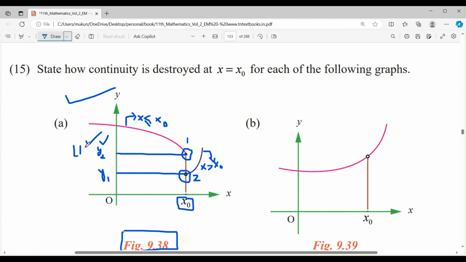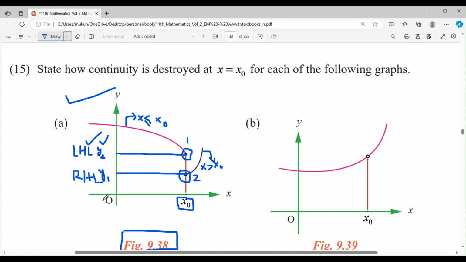So let's call that out, right? And what is the limit when x tends to x naught plus, which means that x is slightly larger than x naught by h, which is infinitesimal. For those x tending to x naught plus, we have our RHL denoted by y1, right?